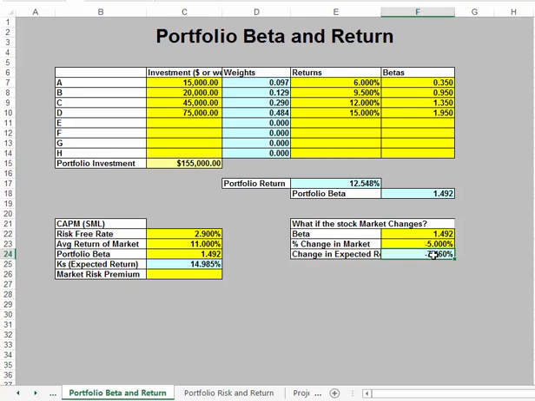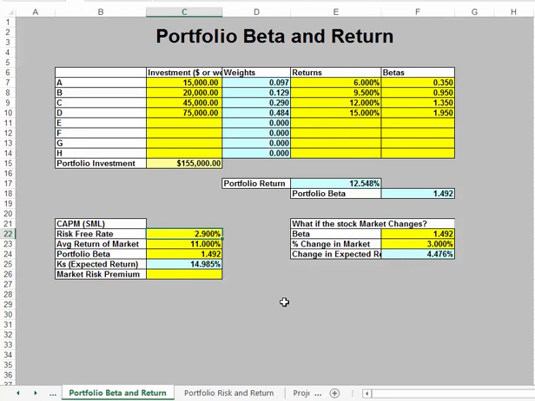We're going to expect a bigger drop in the return of this portfolio because its risk is greater than the market's. What if we thought it was going to go up by 3%? The stock market goes up by 3%, but this portfolio should go up by almost 4.5%. So you can see here, we can calculate the betas and returns of portfolios, and we can do some very basic analysis of what happens when the stock market changes, what happens when something happens in the marketplace.